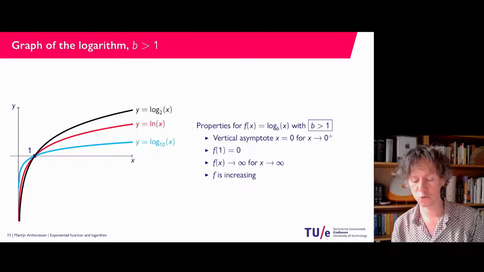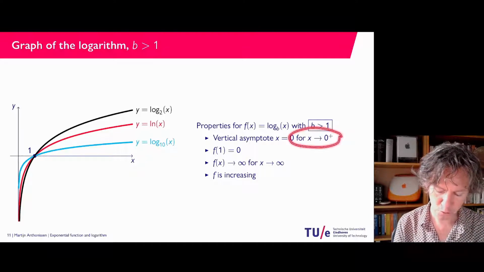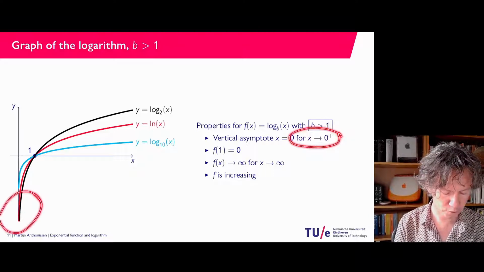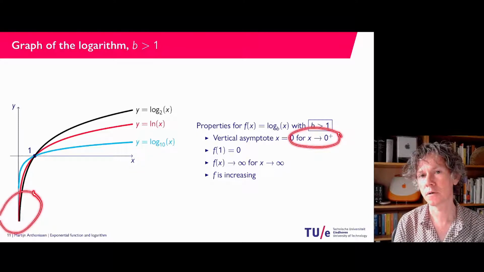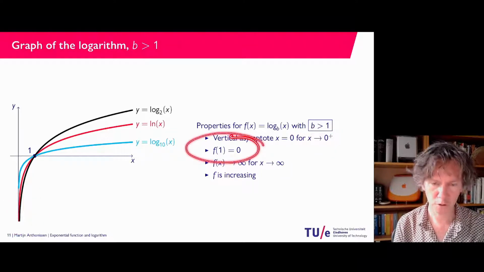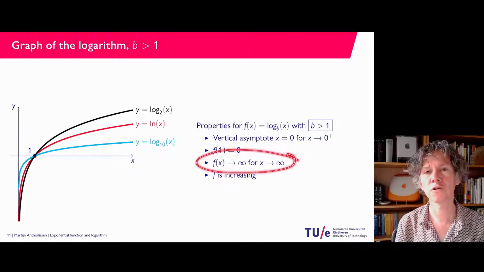In general, what you see is that we have the following properties. If you let x go to 0 from above, then there is a vertical asymptote, so the function goes to minus infinity. It is not defined for x equals 0. It crosses the horizontal axis at 1, so if you take the logarithm of 1, you find 0. You see that it goes to infinity, but incredibly slowly.